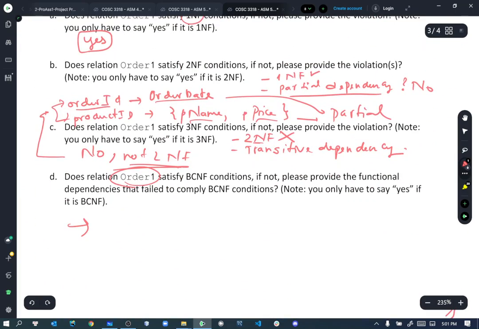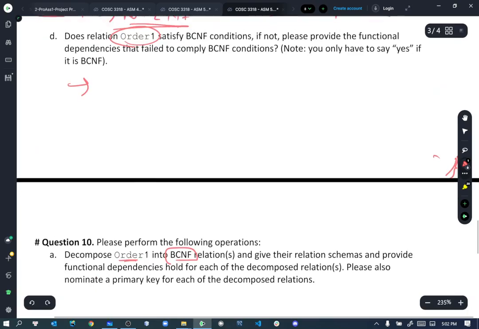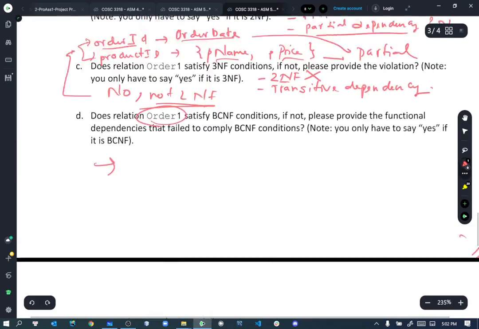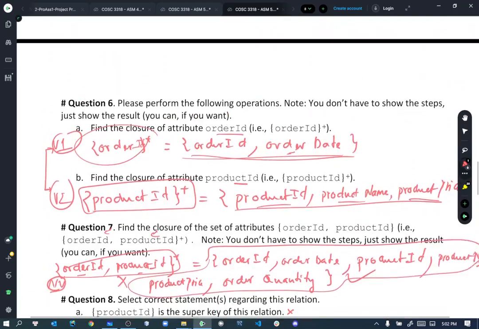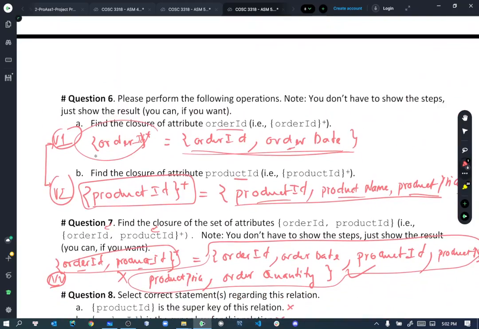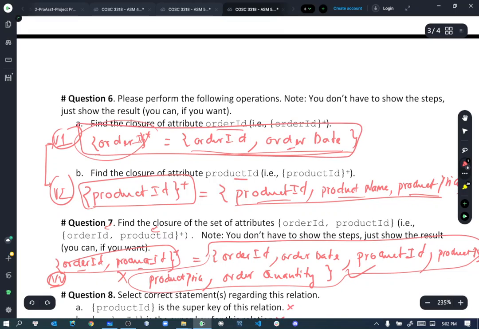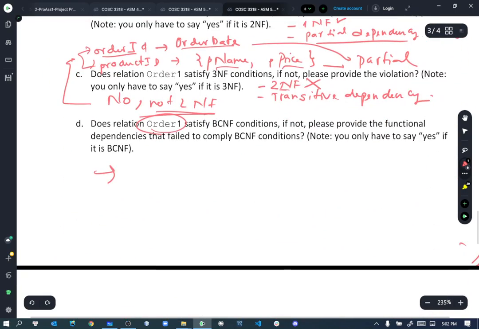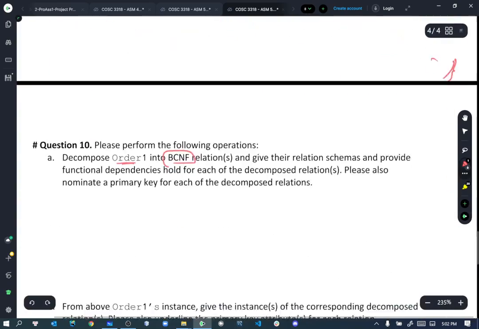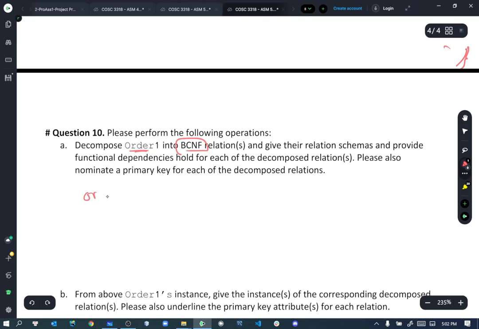So you just write V1, V2 down there. To decompose, we start with the violations. For any violation, split them. So for V1, you split it out. You will have R1, which should have order ID and order date.